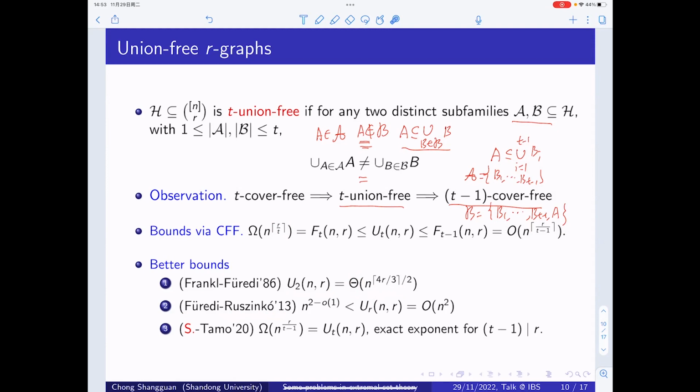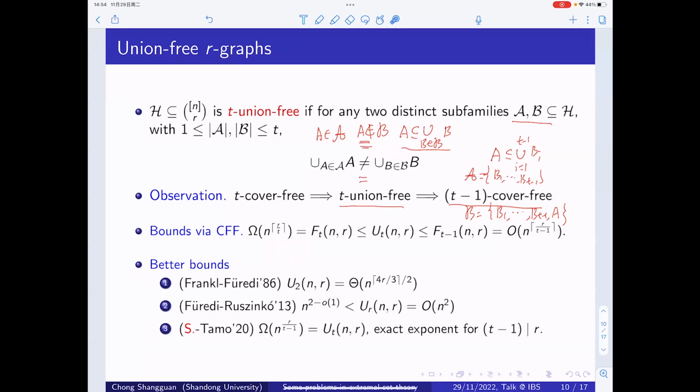In a joint paper with Zakharov, we proved a new lower bound on U_t(n,r). We replace the scaling function r over t by r over t minus 1.